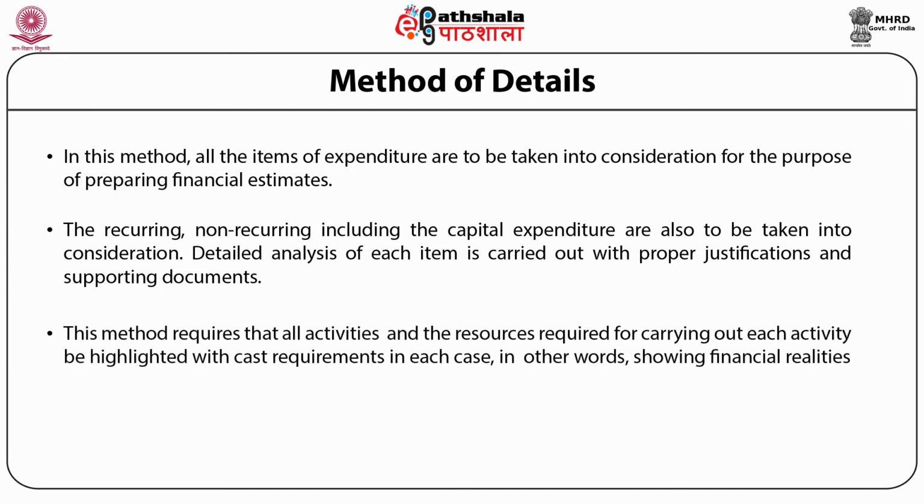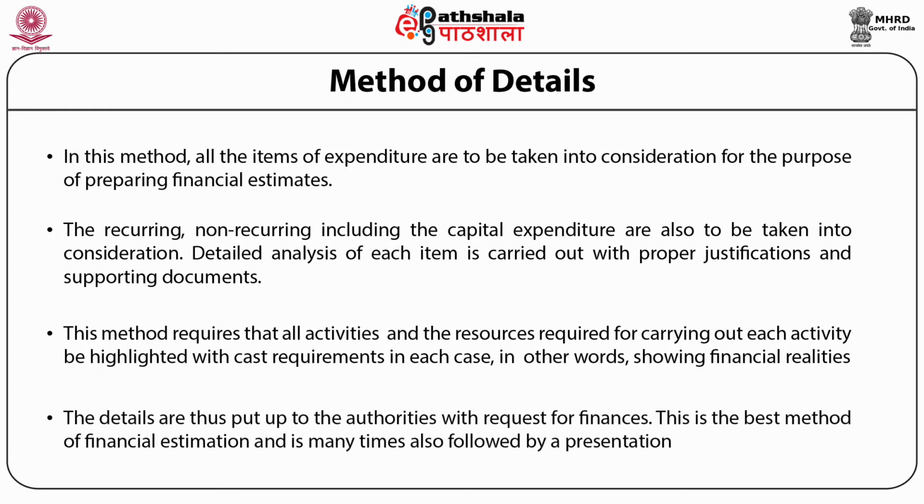This method requires that all activities and the resources required for carrying out each activity are highlighted with cost requirement, in each case, in other words, showing financial realities. The details are thus put up to the authorities with request for finances.